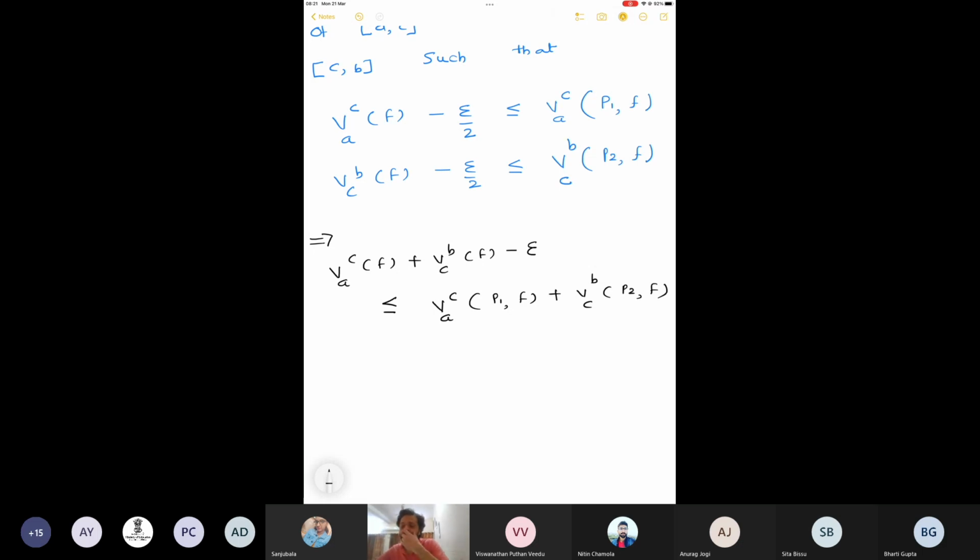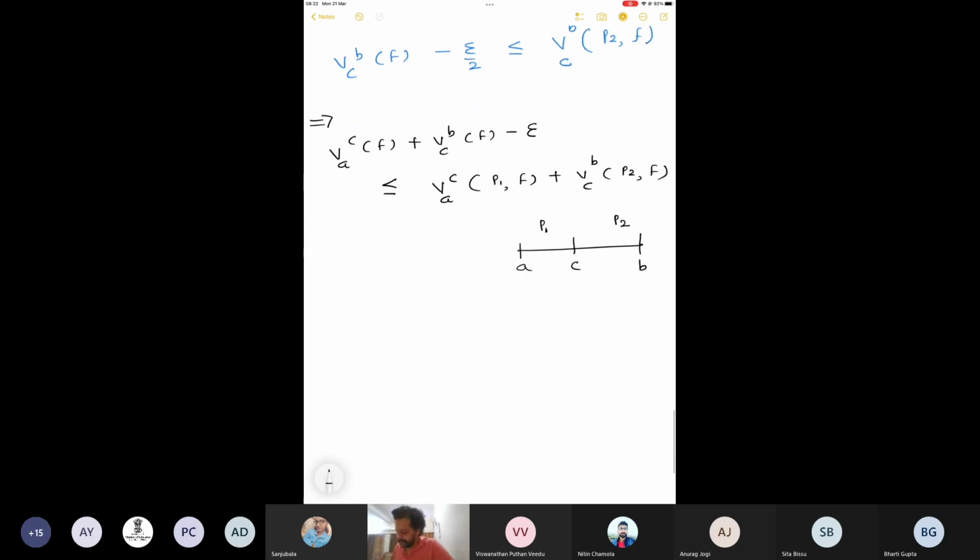Okay. Now you can realize that these partition P1 and P2 put together will give you what? P1 is a partition of AC and P2 is a partition of CB. Okay. If I put them together, what I will get? Partition of AB, and that put together can be symbolically represented as P1 union P2, right? Okay.